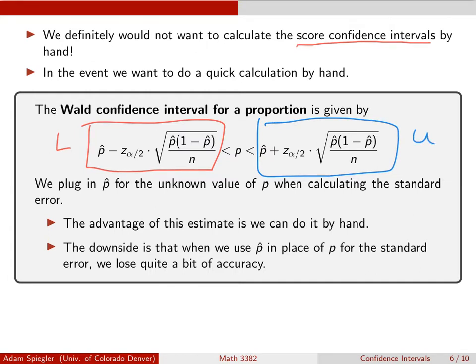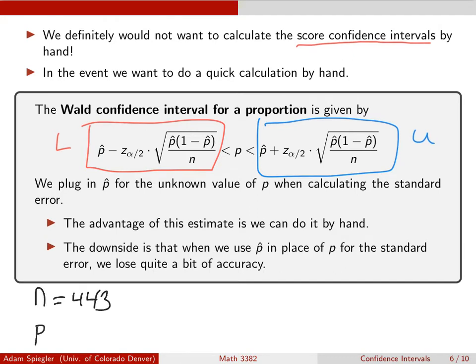They really just depend on three things: p hat, z alpha over 2, and the sample size. So for our example, if we continue to use the did you wear a face covering over the previous week example, then we had a sample size n, which was 443.